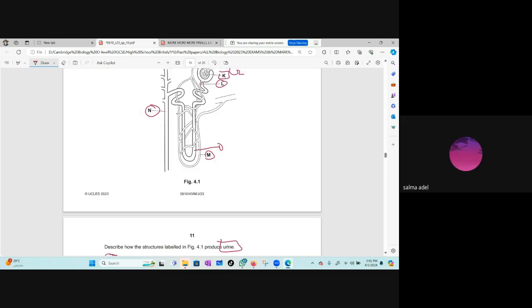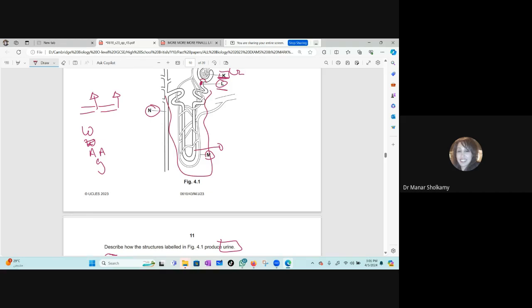Bowman's capsule. Yes, into the surrounding Bowman's capsule, making the filtrate. So the glomerulus here is under high pressure. It's a capillary and it has pores. We have many pores. This high pressure will force the small soluble molecules out, the water, the urea, the amino acids, the glucose, and they will make the filtrate. And then this is the first step that is finished, ultrafiltration.